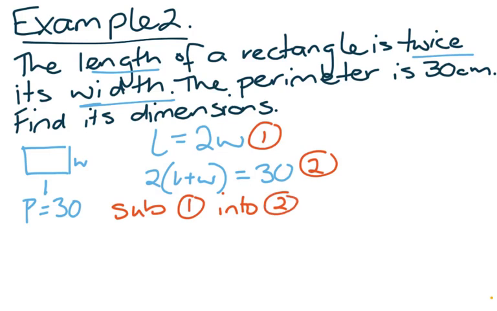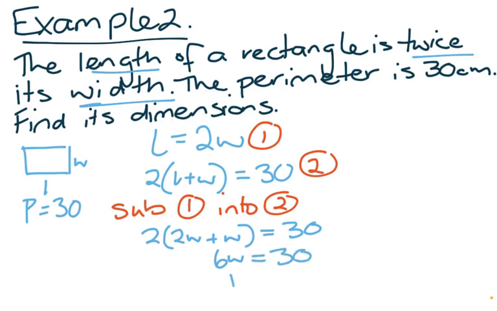So anywhere we see length in the second equation, we're going to put 2w instead. So we would have 2 lots of 2w plus w equals 30. Now 2w plus w is 3w. So 2 lots of 3w is 6w. So 6w is equal to 30, which means the width has to be 5 centimetres.